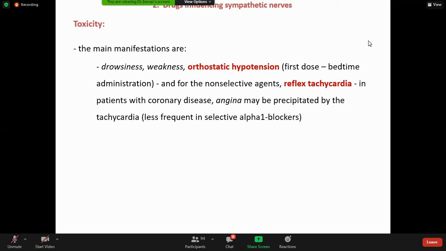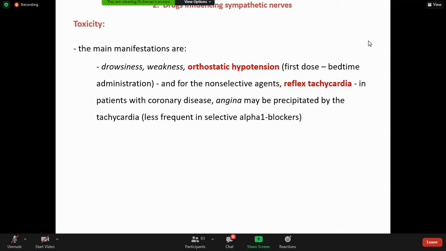So now we discuss the antagonistic activity. We are using non-selective alpha blockers. By blocking the alpha-1 receptor, we produce vasodilatation, so it decreases the peripheral resistance and decreases the blood pressure.